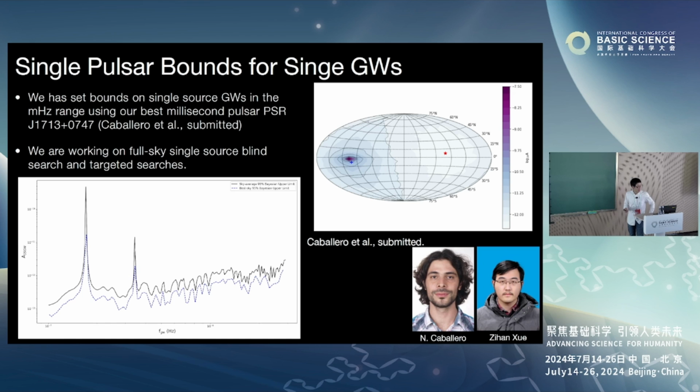I also want to mention that we tried to search for continuous gravitational waves from single sources, using our pulsar data. However, we didn't get any detection, and here we only set upper limits for the all sky, and also some average upper limits over the whole sky.